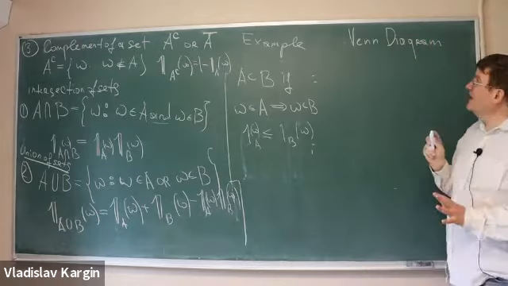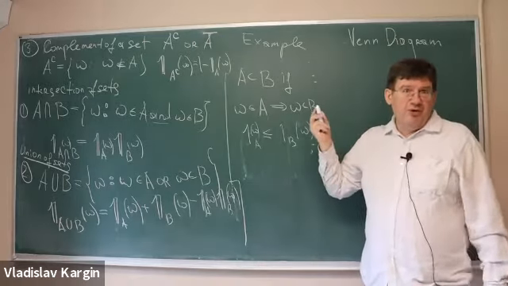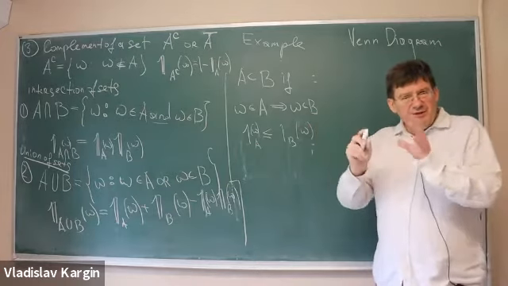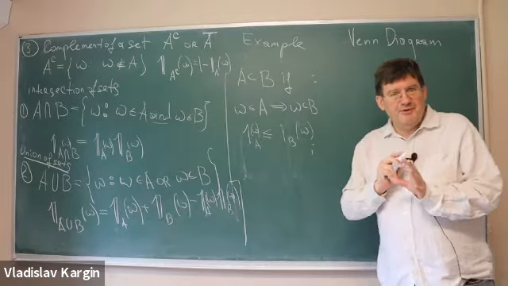Actually, Venn diagrams are not so helpful. They help to understand what's going on, but not in calculating. One exception is simple inclusion-exclusion problems. In this case, it's very useful.